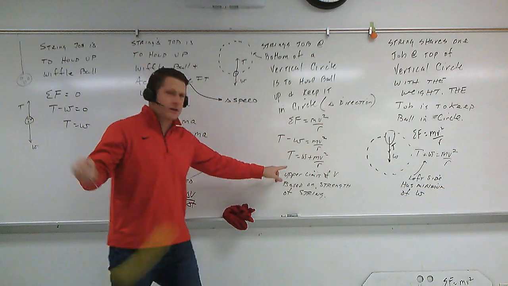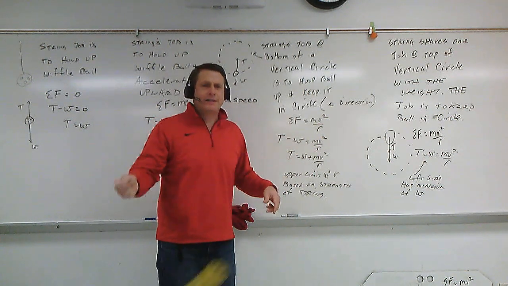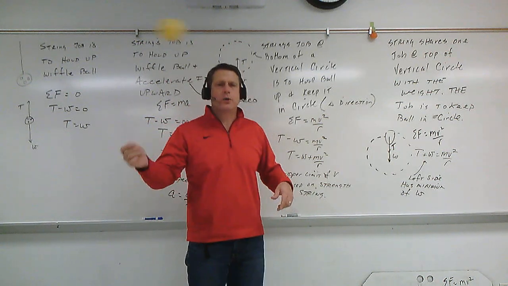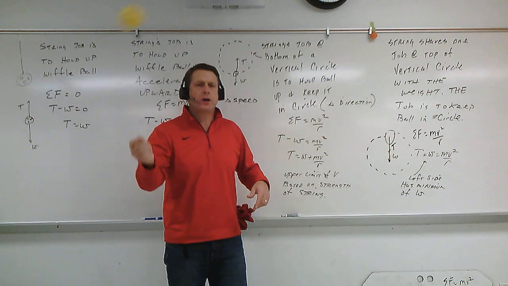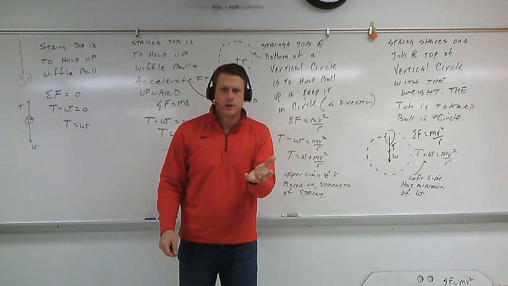While this side talks about the limitations of going fast, at the top we have limitations of going slow. Because if we go too slow, the ball falls out of its circle.